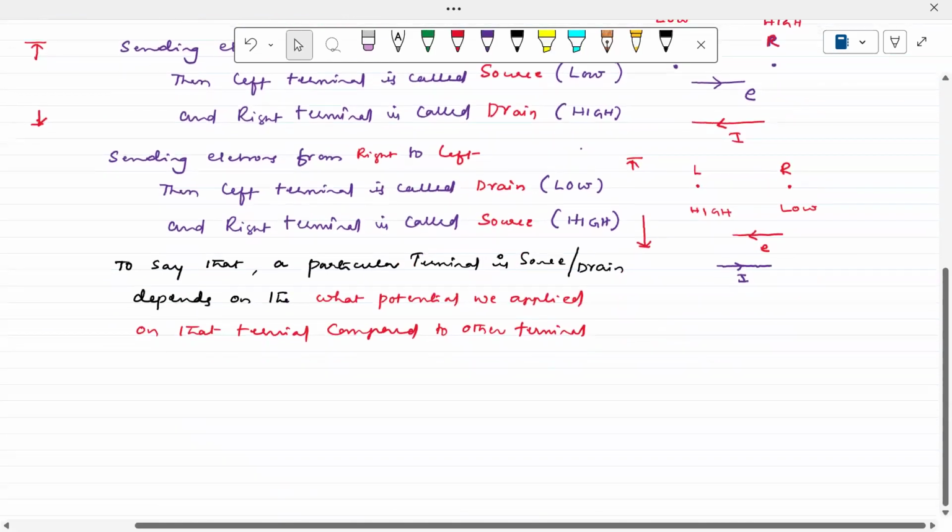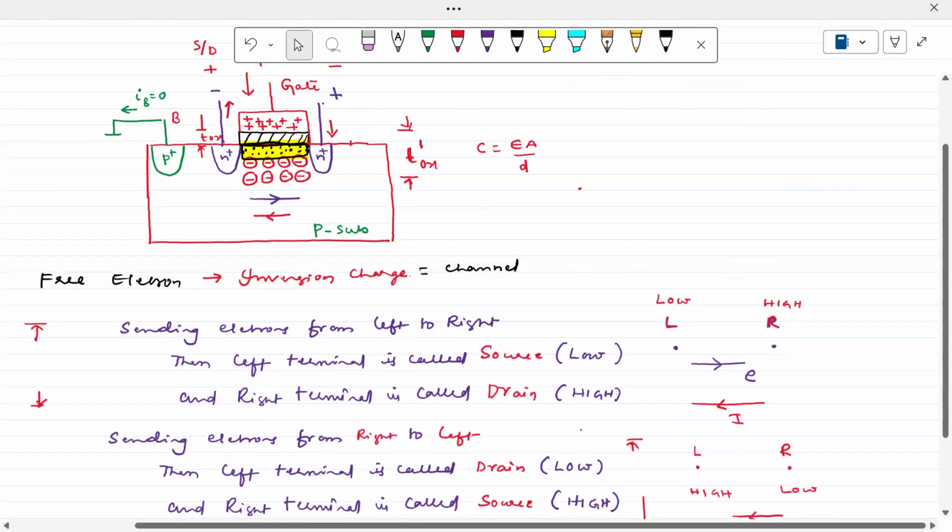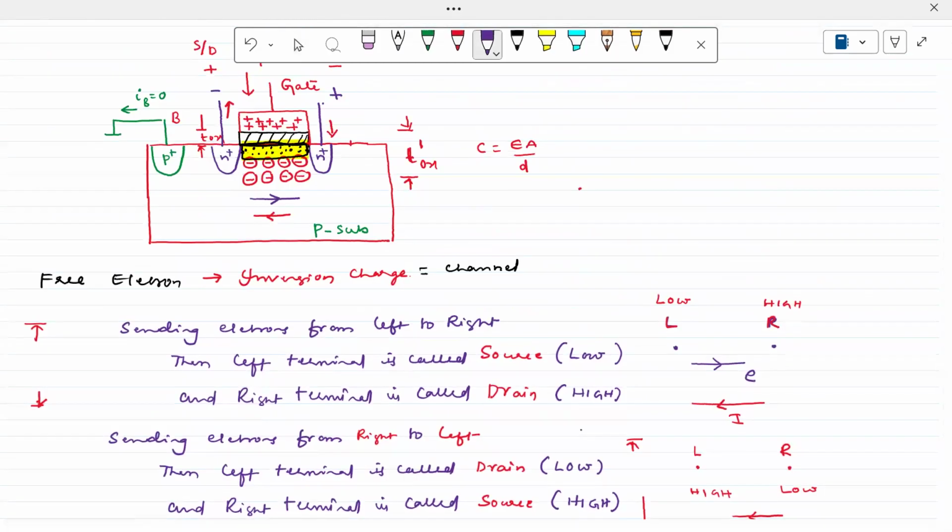Definitely, the current will flow in this direction, right? Therefore, for example, if I'm considering this is at low potential, this is at high potential, assume that this is at a low potential and this is at a high potential. That means the electron direction is something like this, right? And the current is actually flowing from where?